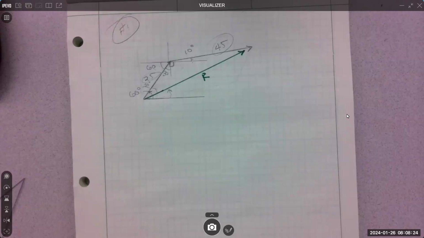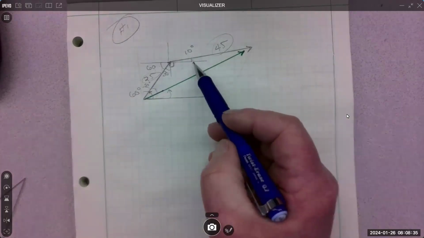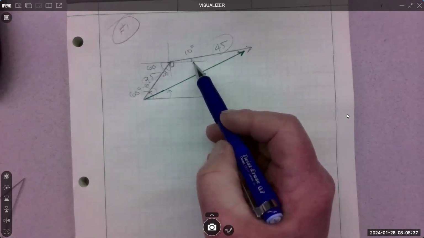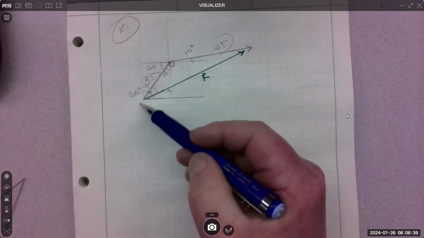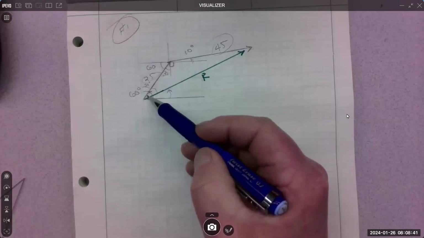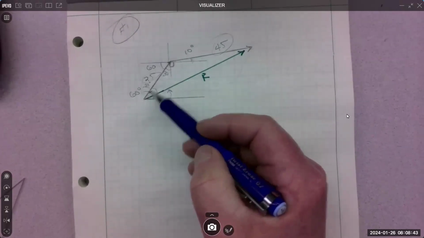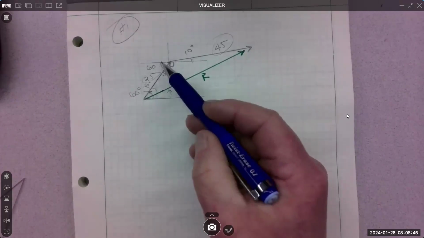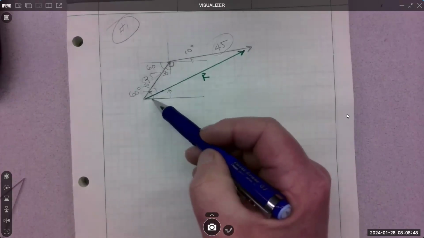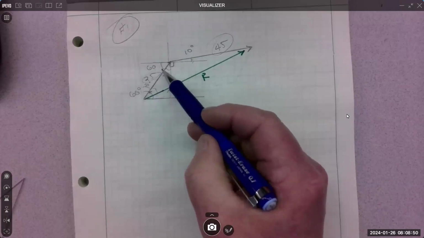Draw the picture big. I drew it pretty big, and it could even be bigger, would be helpful, right? And then move these angles around and put in what you know. I know 45 is 10 to horizontal. I know the 25-pound force is at a 60-degree angle. So that means from horizontal 60, from horizontal 60.